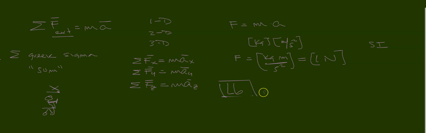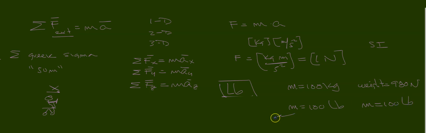Now, one difference between pounds and newtons is, let's say somebody has a mass of 100 kilograms. Well, then the weight will be 100 times gravity, 9.8, which is 980 newtons in the international system. In the British system, 100 pounds is the mass and 100 pounds is the weight, which makes no sense.